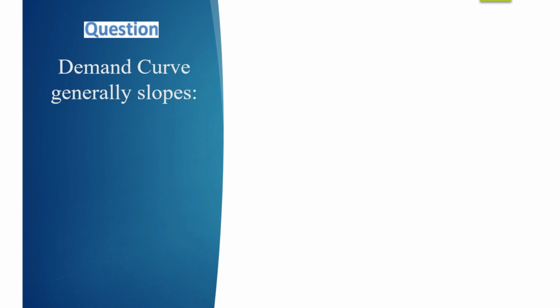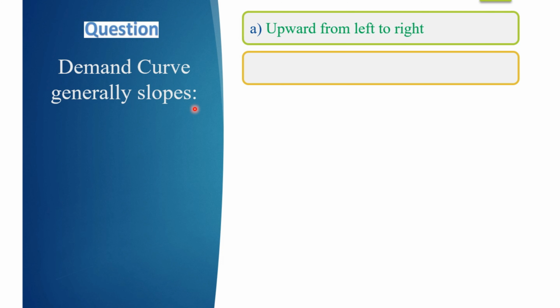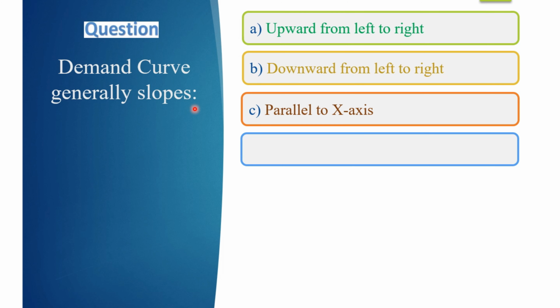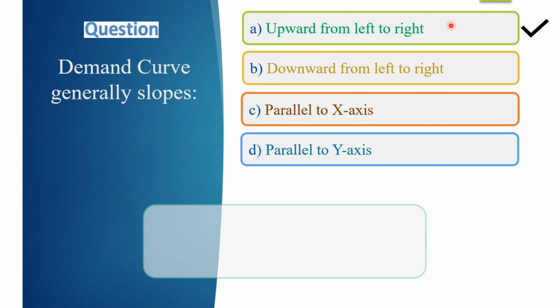हमारा next question है, demand curve generally slopes. Option number 1, upward from left to right. Option number B, downward from left to right. Option number C, parallel to x axis, मतलब x axis के parallel में. Option number D, parallel to y axis के parallel में. The correct answer is option number B, downward from left to right. Downward means नीचे की तरफ, from left means बाईं तरफ से, to right, दाहिनी तरफ.